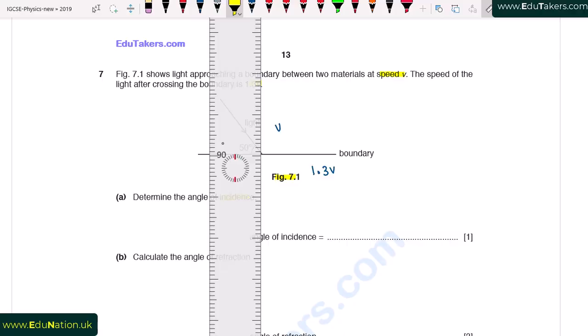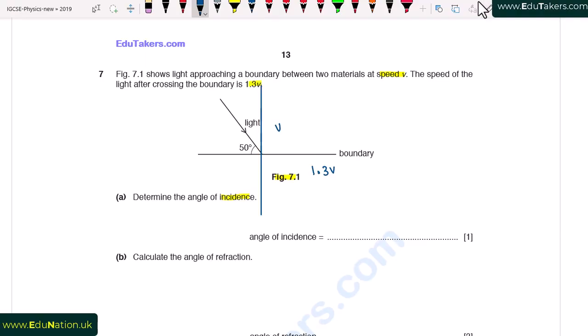So it will be just like this. So it is a normal to this surface, and the incident angle is the angle that the incident ray makes with the normal ray.